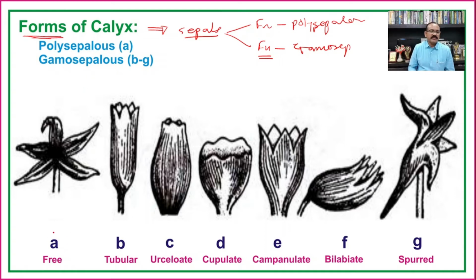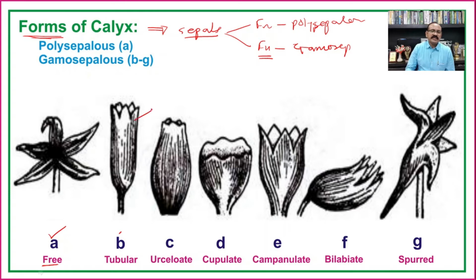In the first one, figure A, there are free sepals, that is the polysepalous condition. But from B to G, all the sepals present in these figures are examples of the gamosepalous condition.